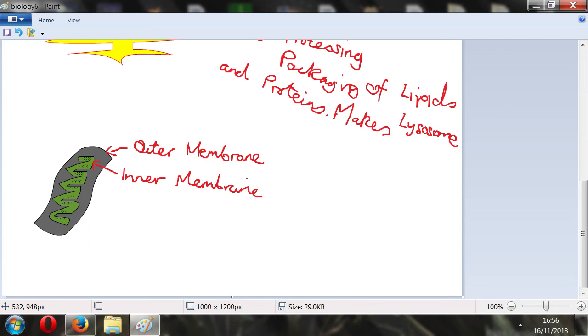Then we have cristae and matrix inside. So I guess the matrix is the goo, and then the cristae are the dots.